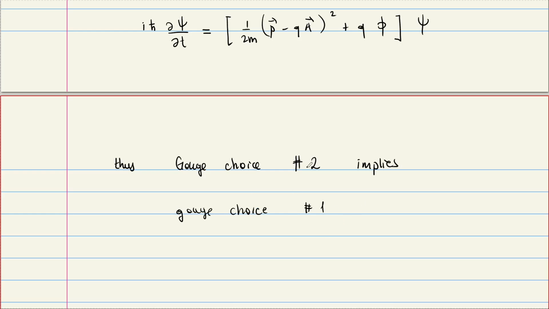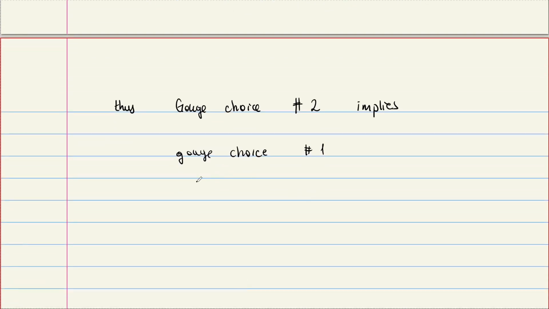The Schrödinger equation written in these two gauge choices are consistent with each other, and the technical jargon to say this is that the Schrödinger equation is gauge covariant.